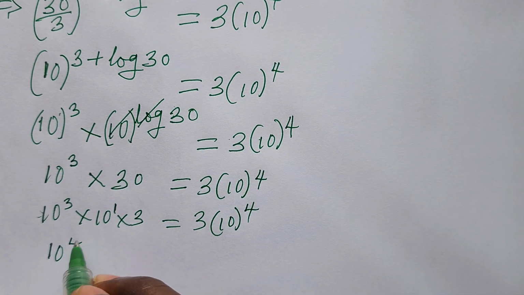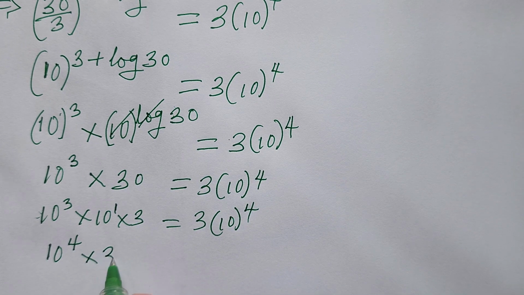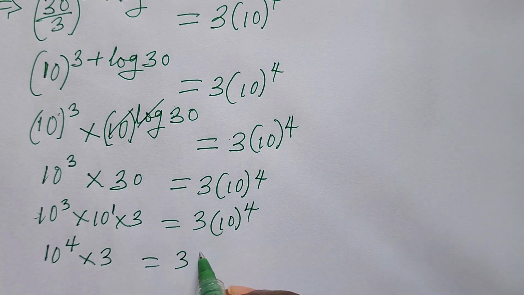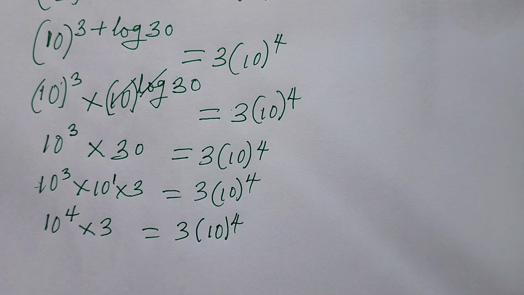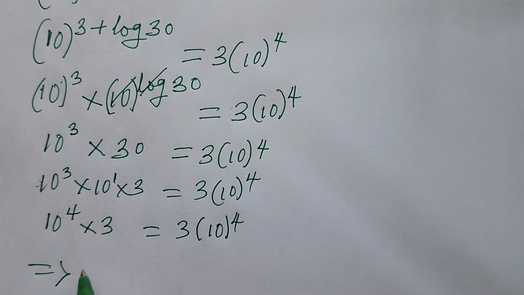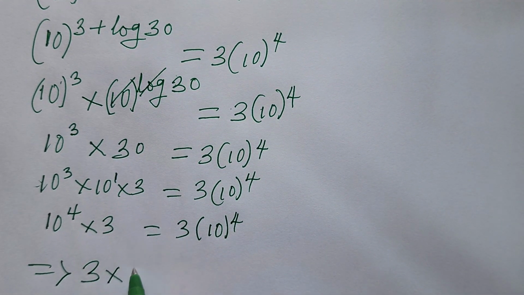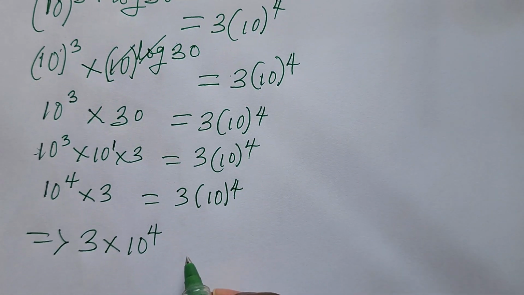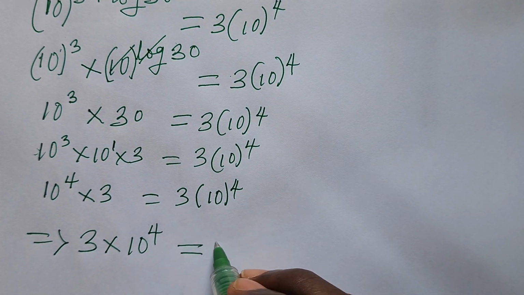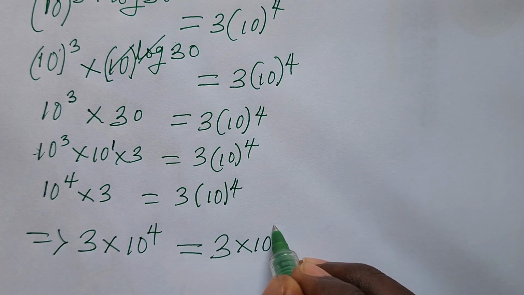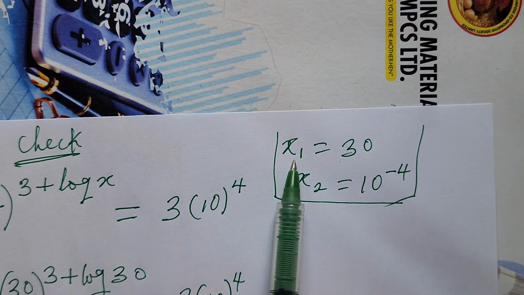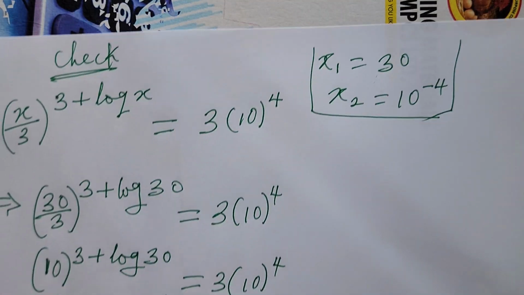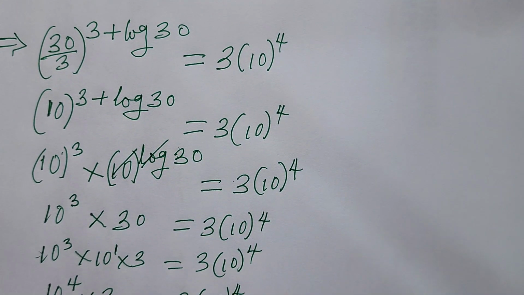So we have 10 to the power of 4 times 3 is equal to 3 into 10 to the power of 4. On our right hand side, we have 3 times 10 to the power of 4. So it shows that the first root, which is x1 equals 30, satisfies the original equation.